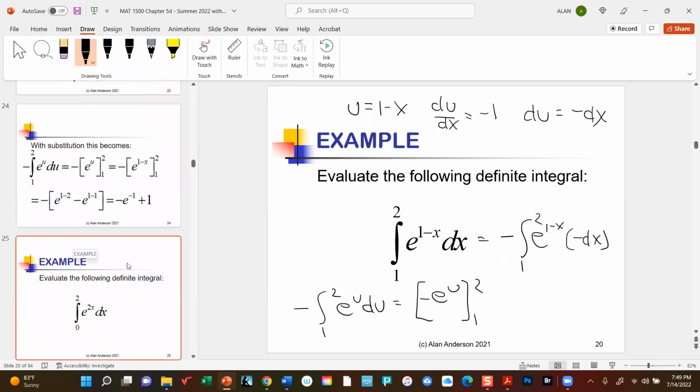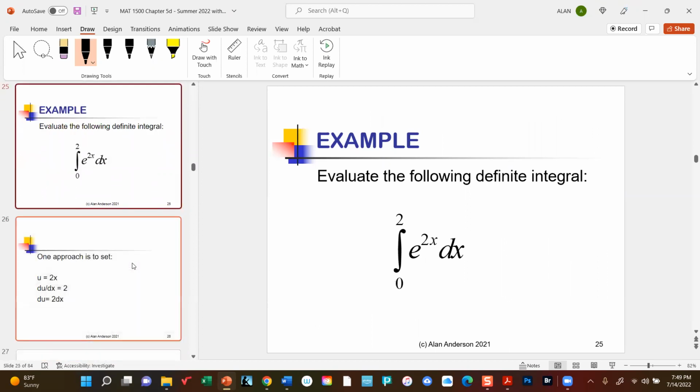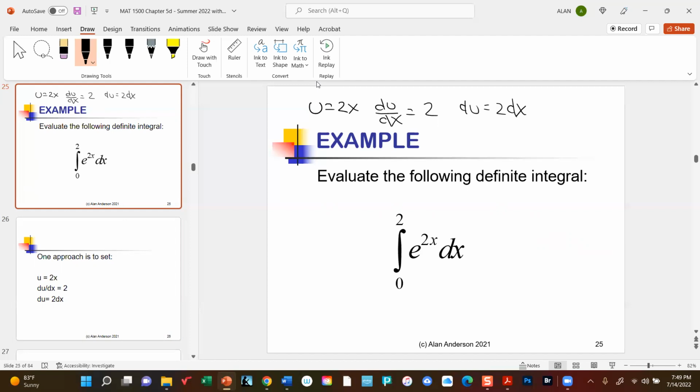Well, all right, let's try this one. So now I think we get the idea. We know already that we should probably try u equals 2x. Du dx is 2. Du is 2 dx. Do we have that? No, but we can supply it by doing this.